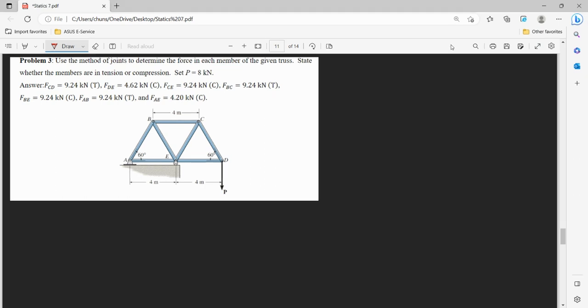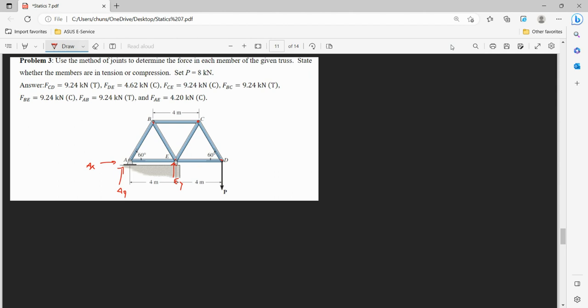So we're going to use pins B, E, C, and D. We know at pin E we have an EY reaction. And the reason we're not using A is because we have 2 reactions here, and we can just minimize the amount of work we need to do by not including that in this one, right? Because it will be solved using the other pins in this case.